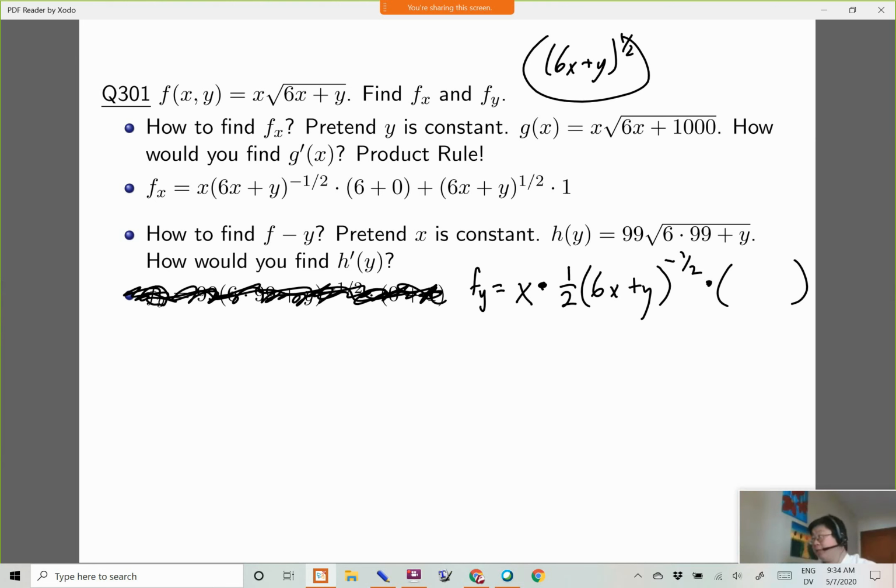So the derivative of 6x is 0 right now. Because again, I know it sounds so strange, the derivative of 6x is 0 because x is constant. So 6x is constant and its derivative is 0. The derivative of y, the variable right now, is 1.